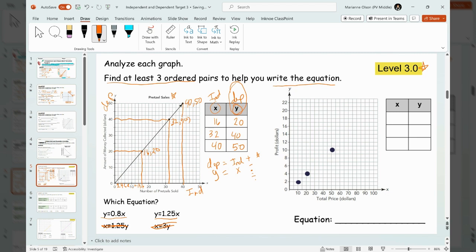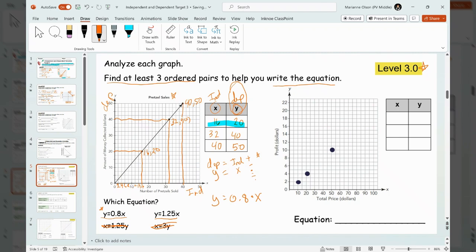So now this is where I'm going to use a calculator. I can take a number for x and substitute it in and see if that equals the y. So I'm going to check this equation first. It says y equals 0.8x. So that means times x. So I'm going to use this one here to see if it's right. 16.